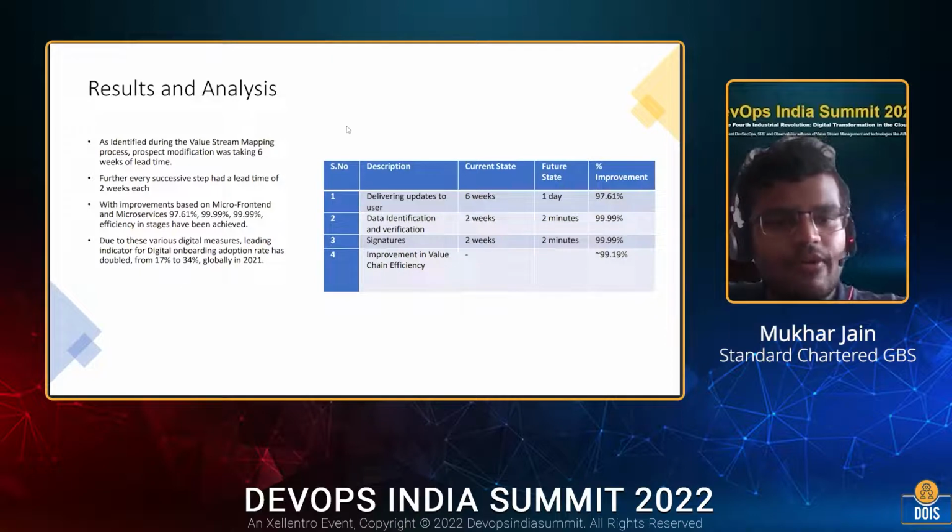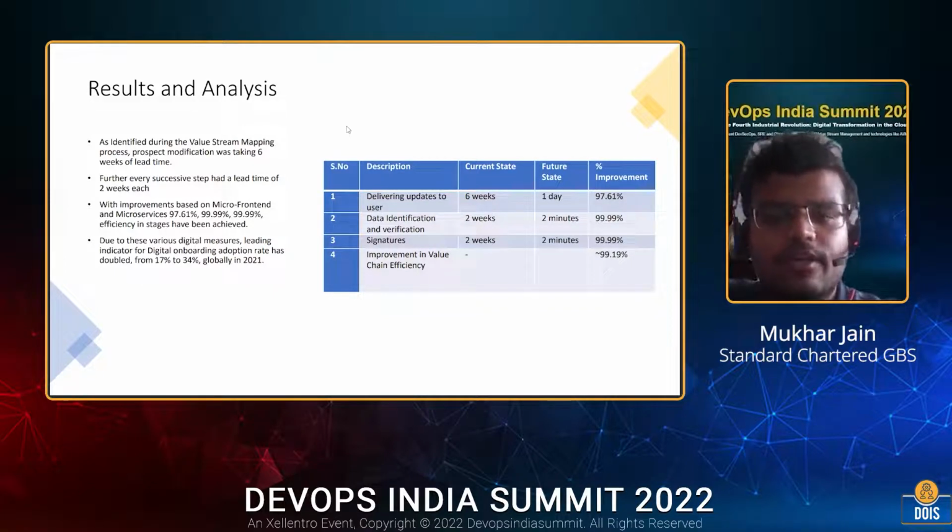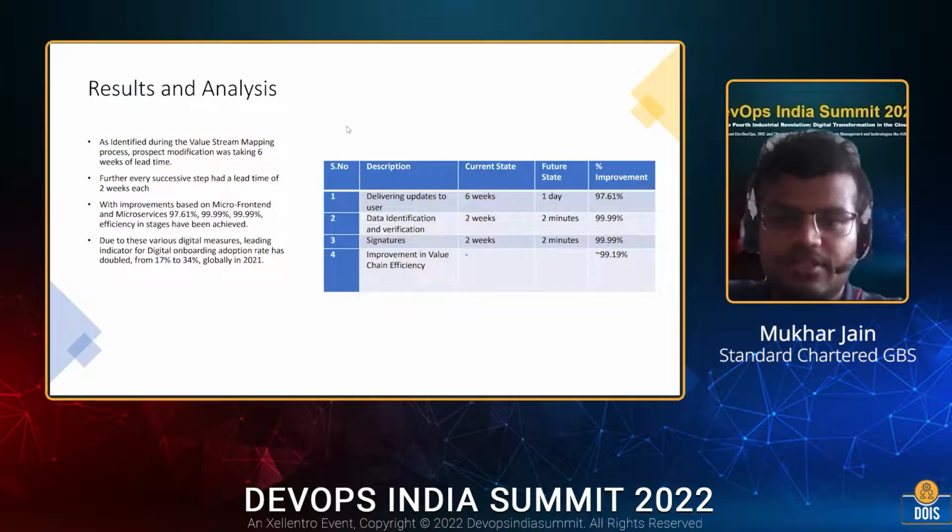Next step was the digital identity and verification, from 2 weeks to less than 2 minutes. Next was the digital signatures, which were again 2 weeks of lag time down to 2 minutes. Overall, we can say that the improvement in the value chain efficiency has been about 99.19% for this onboarding process.